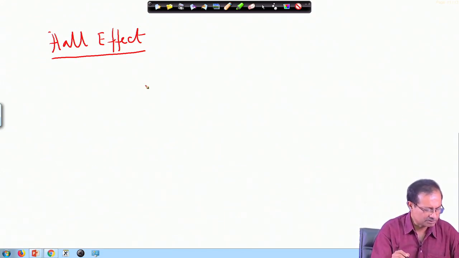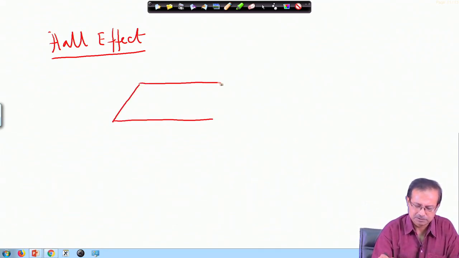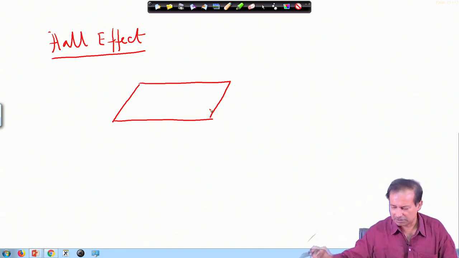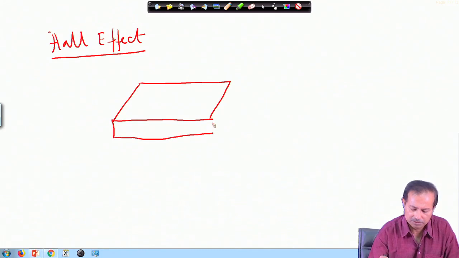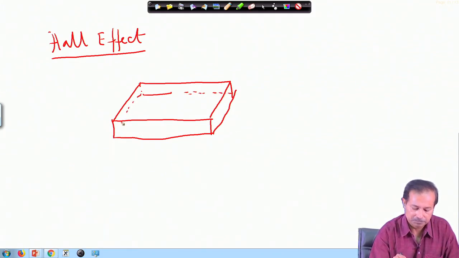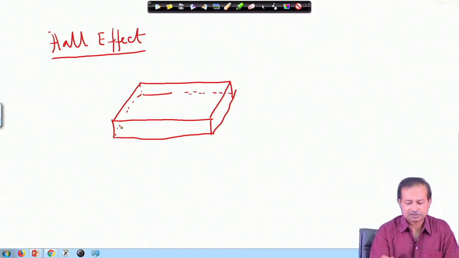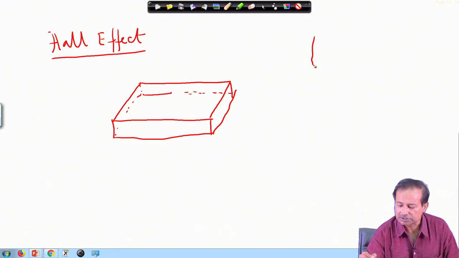So, the geometry is simple. Let me just draw the geometry. Again a slab of conductor, and in this situation, let me draw the axes also.